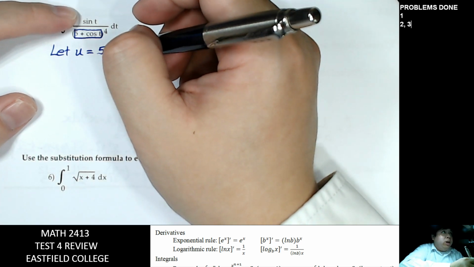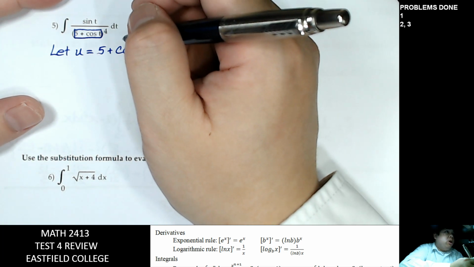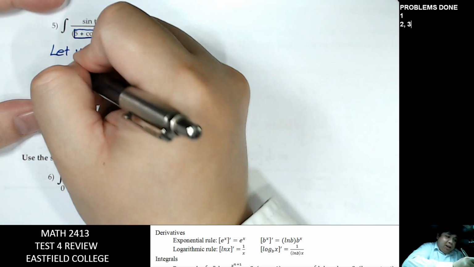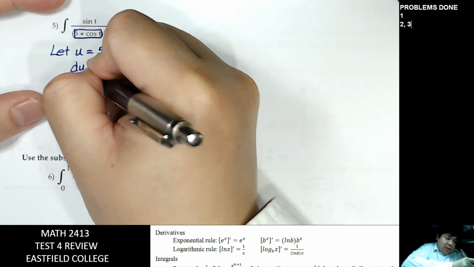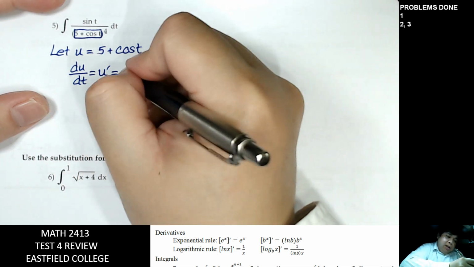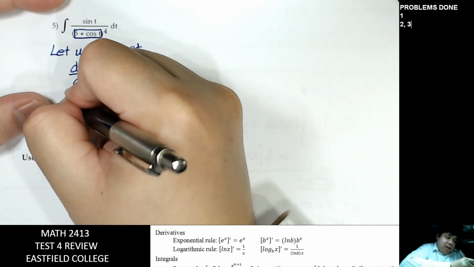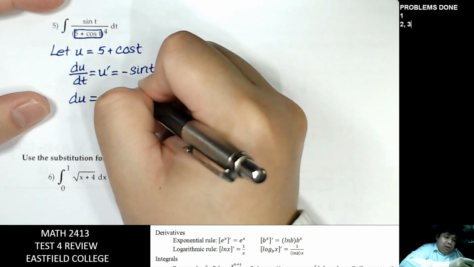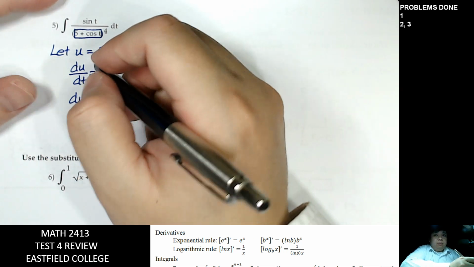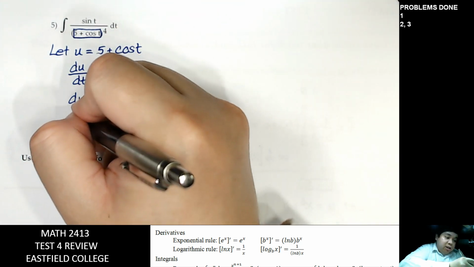Potentially we cancel with this sign, so it looks like we're on the right track. So take the derivative. It will be negative sine t. Move the dt and divide by the negative sine t.